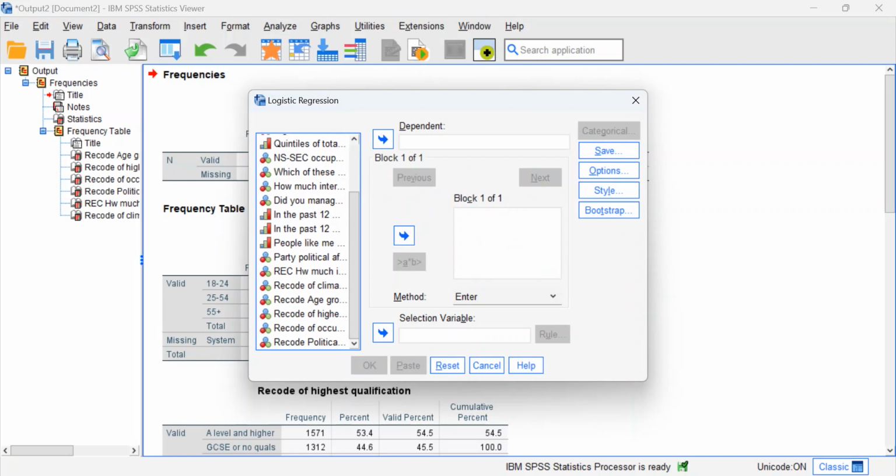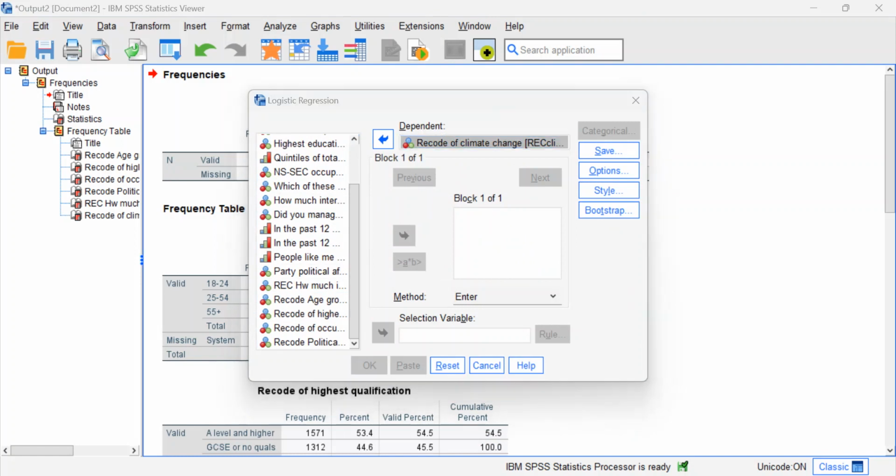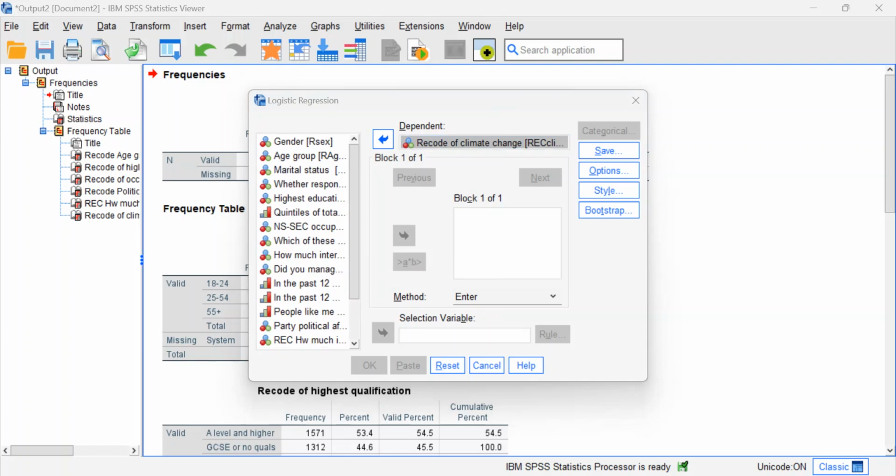So the first thing I need to do is state what the dependent variable is. This is my variable of interest, and I'm going to put the recode of the climate change variable. I then have to choose my categorical variables. Now, I'm actually going to start at the top because the first one I'm going to put in is gender. I didn't have to recode that. That was already a binary variable. So I'm going to put gender in.